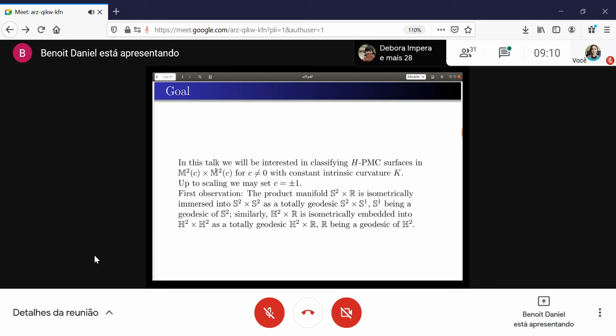And this is very important in this Torralbo-Urbano classification: to have the same value of C in the two factors. It doesn't work otherwise. Okay.